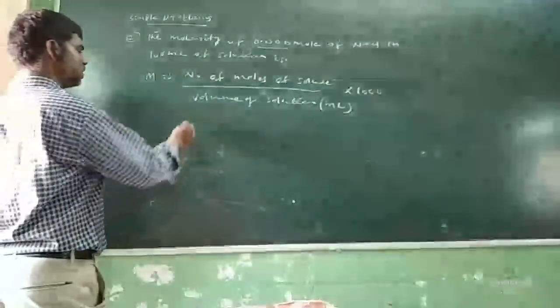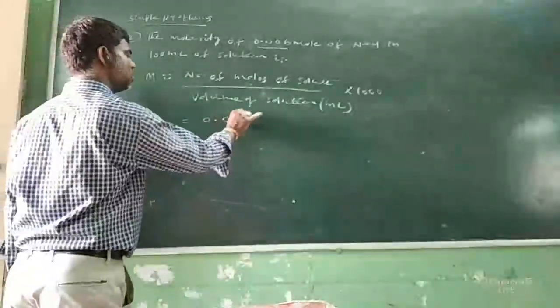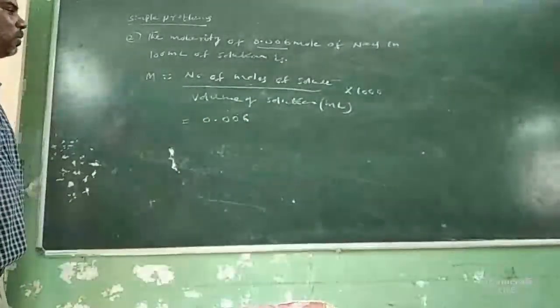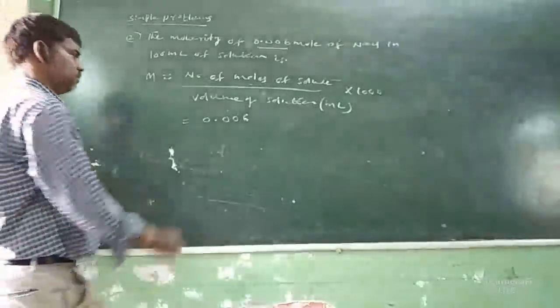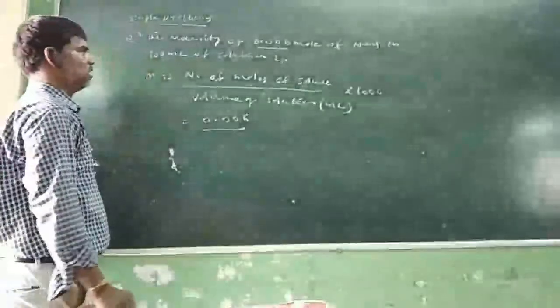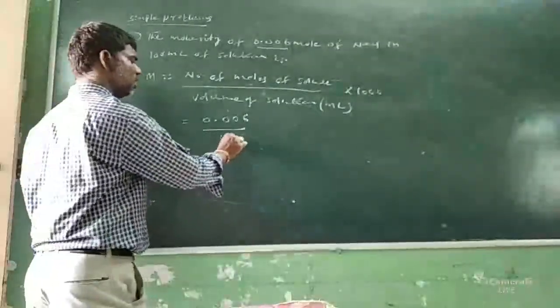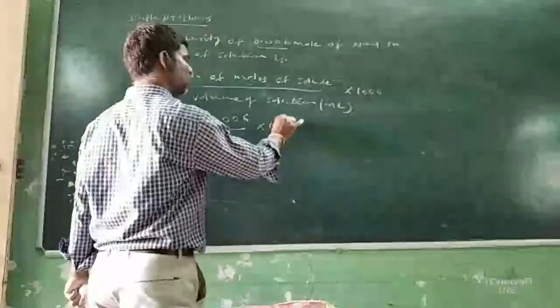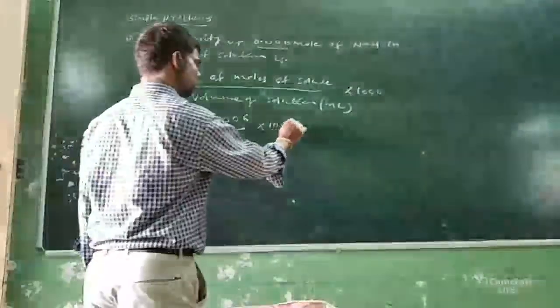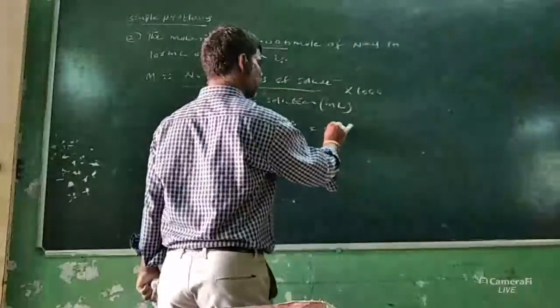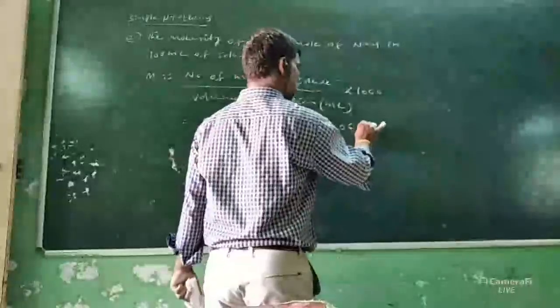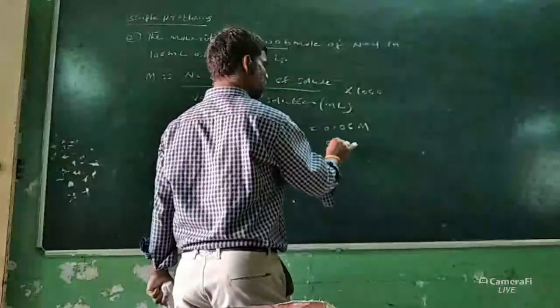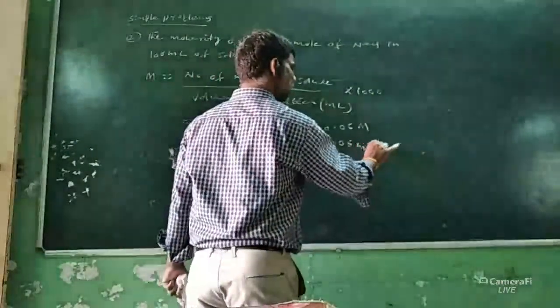The number of moles of solute is given as 0.006, and the volume of solution is 100, into 1000. So 2 zeros will cancel and we have 0.06 molar, otherwise 0.06 mole per liter.